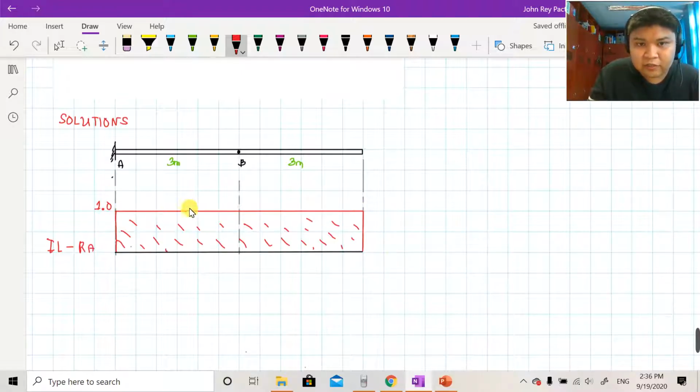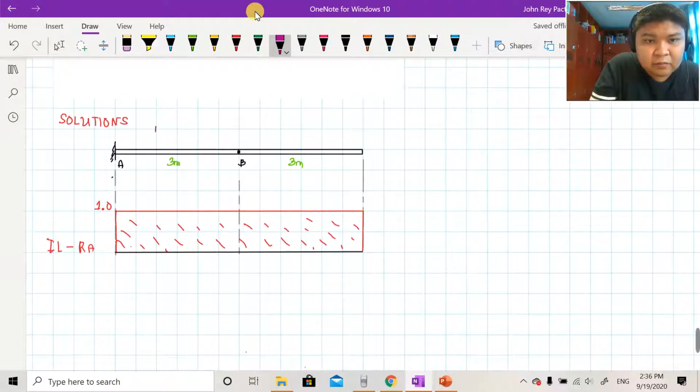All throughout the span of the cantilever beam, the reaction at A is 1. Which I think is true. How can I say that it's correct? Let's do a thought experiment, class. If you place the 1 here, for example, the shear reaction, or the vertical reaction at A, is 1.